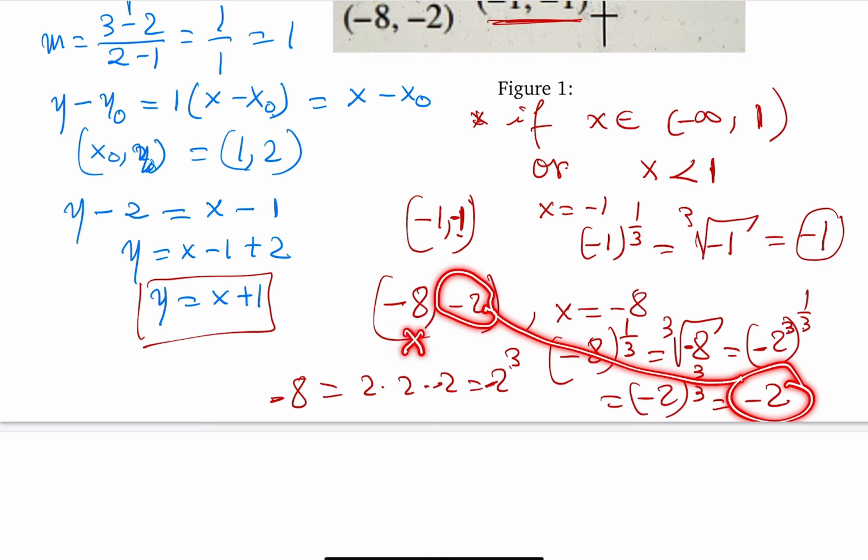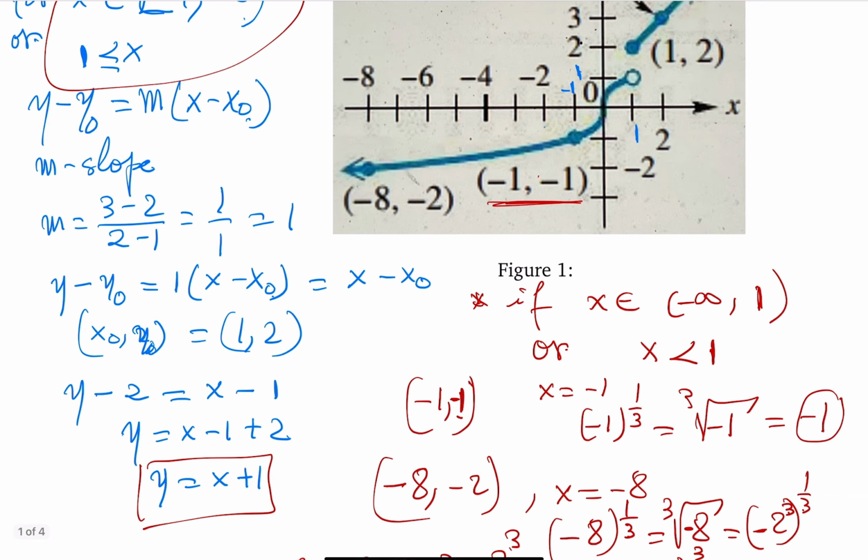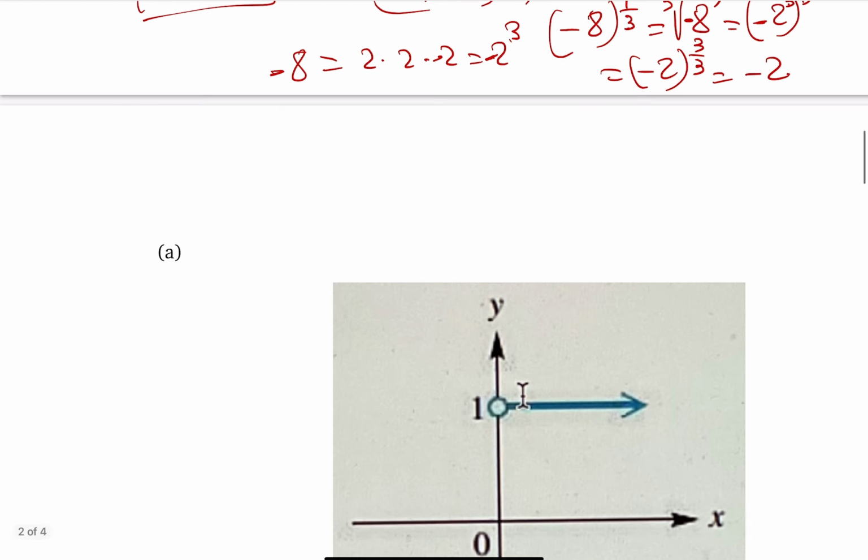Remember, this one is x, and this one is y, and y is f(x), which is negative 2. For any point you pick here, you can take the x, take the cube root, and you will get y, the f(x).